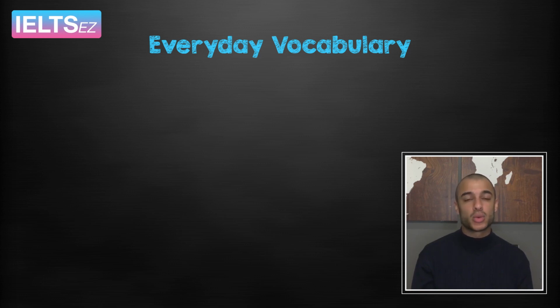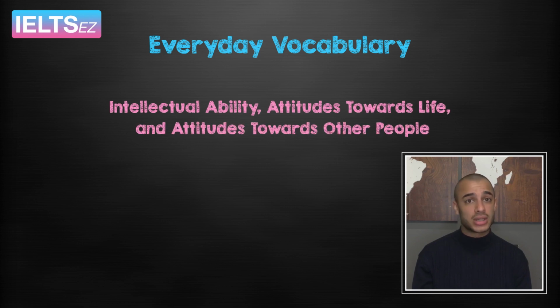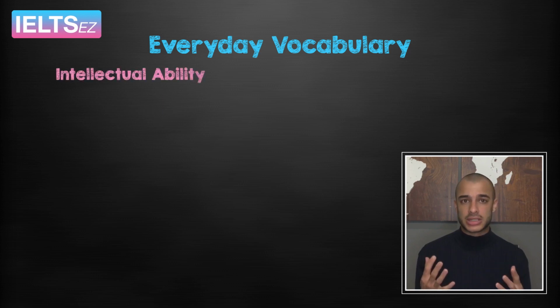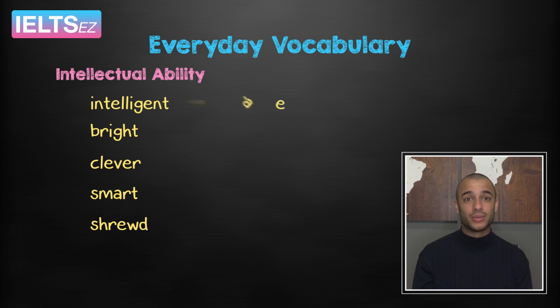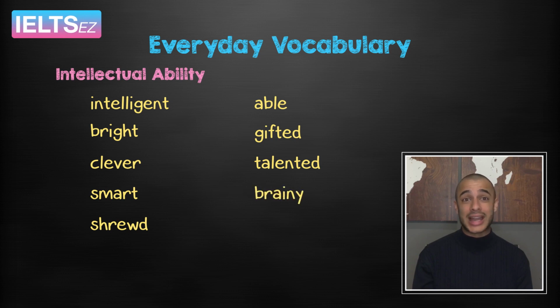Next, let's move on to a range of words that describe intellectual ability, attitudes towards life, and attitudes towards other people. For intellectual ability, we have a range of words, such as intelligent, bright, clever, smart, shrewd, able, gifted, talented, brainy, and quick-witted.